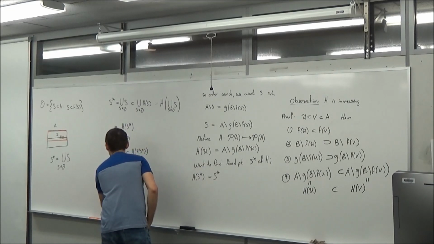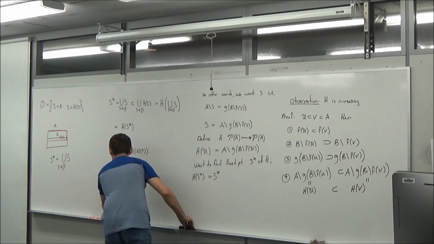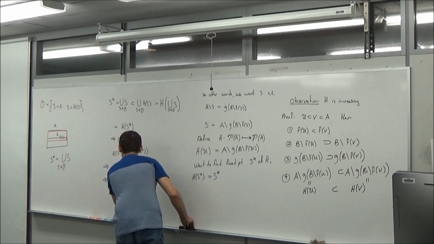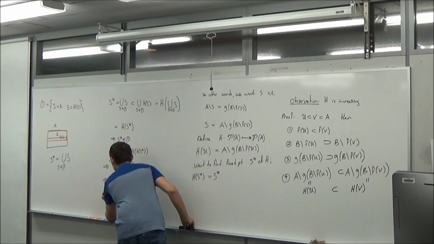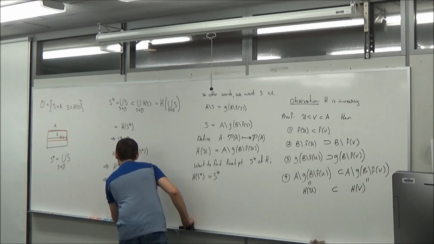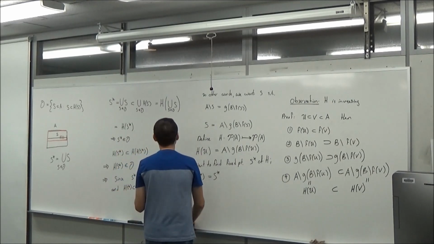The consequence is that we must have, since S star is a subset of H S star, and H S star is a subset of S star, they must be equal.